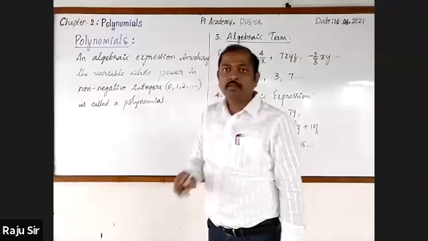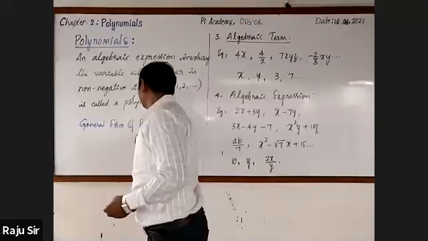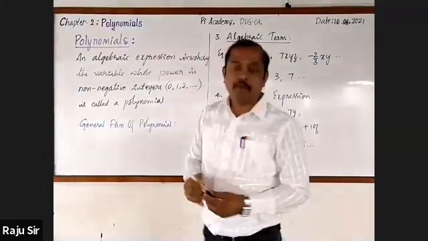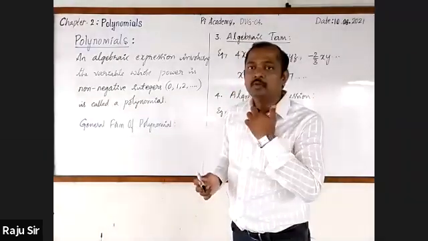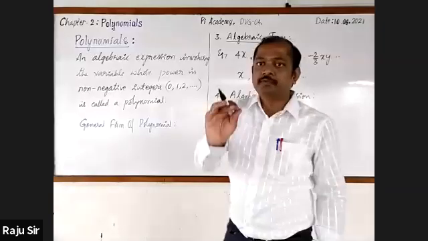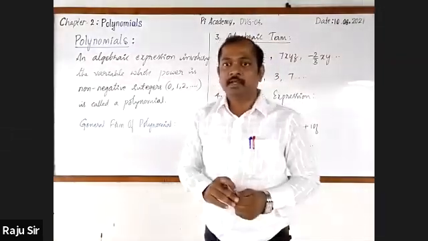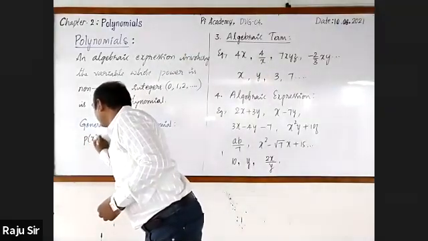Now let me write the general form of polynomial. You are familiar with this? You know that if the variable involved in the polynomial is x, it is represented as p of x.